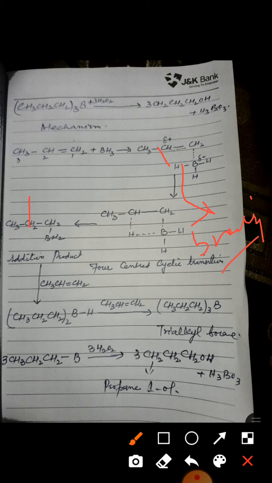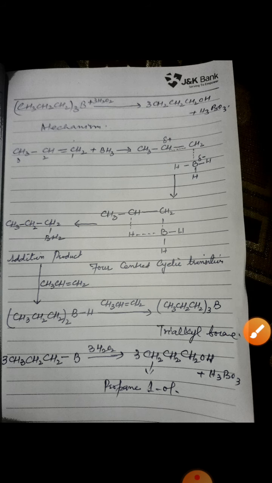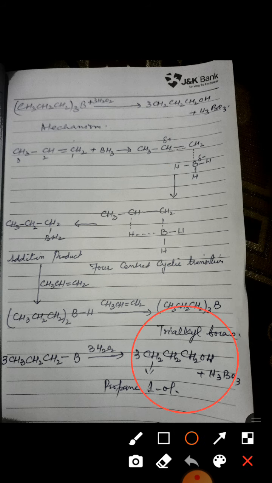Later on, third molecule of alkene gets added to form CH3, CH2, CH2 whole thrice B. This is our trialkyl borane, which we actually need. This is the product, and this product later on, upon oxidation, yields our alcohol. This is our final alcohol, propan-1-ol.